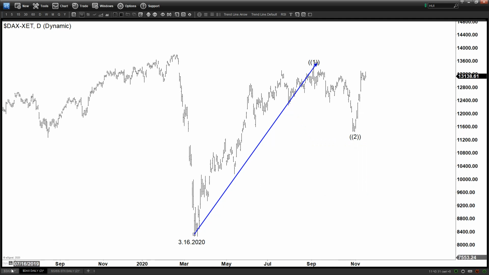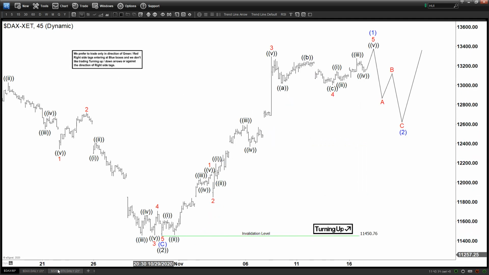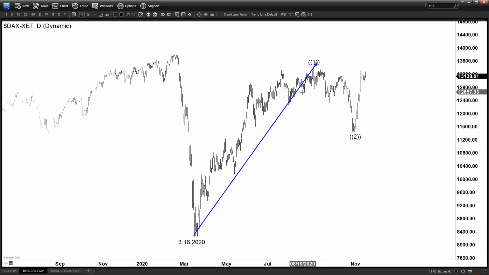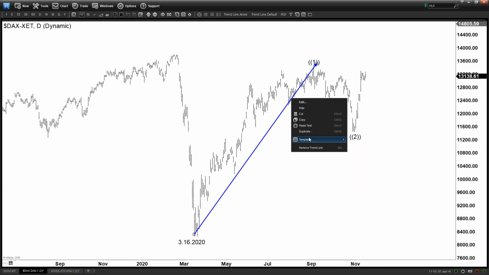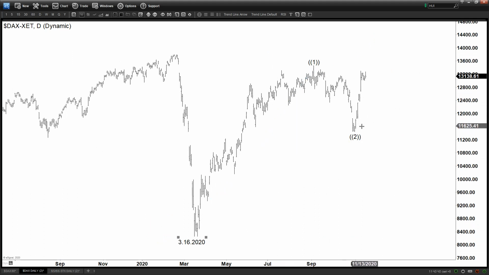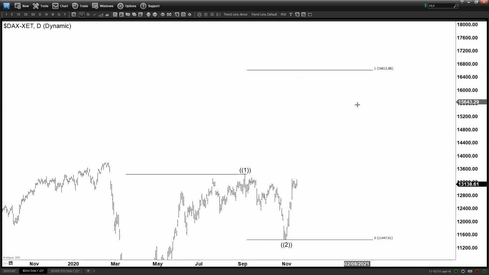Now the reason that this arrow is black is because we still have not broken above the previous high. This is the wave 1 over there. Now a break above 1 will confirm that this correction is really over, and then at minimum we can see upside extension into 100%. Typically with 3 can be even more than that.